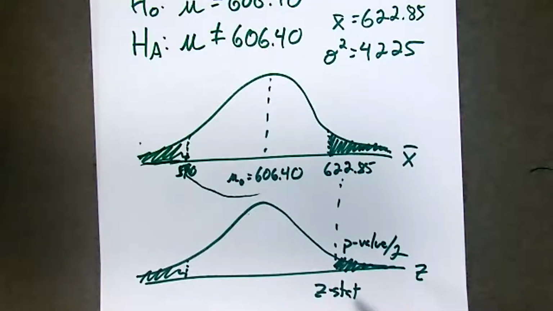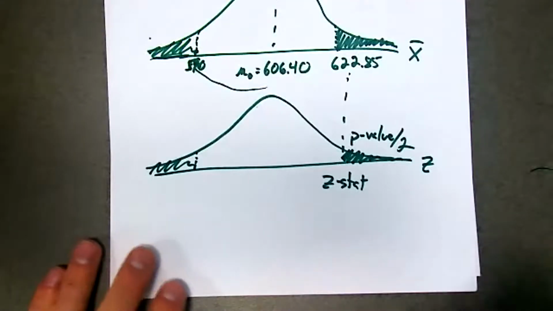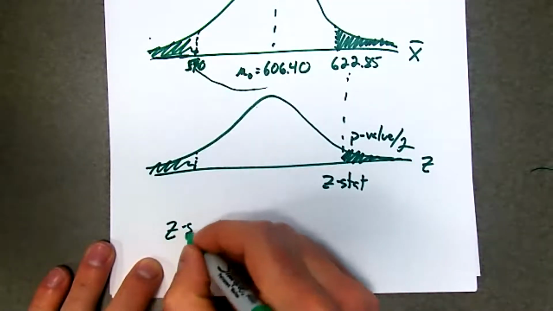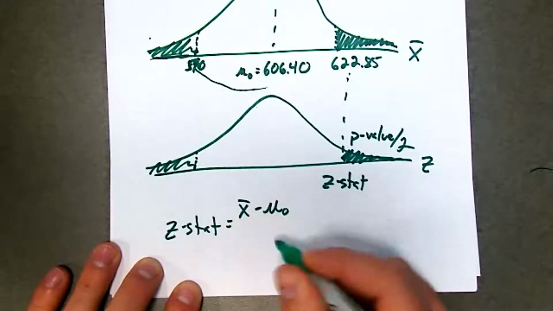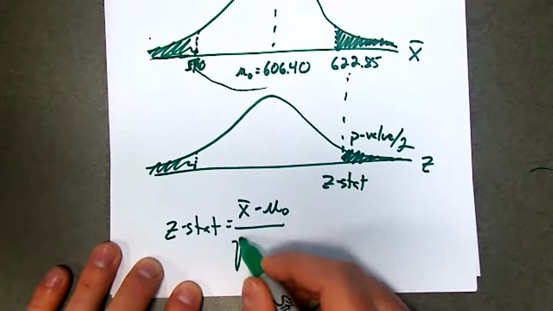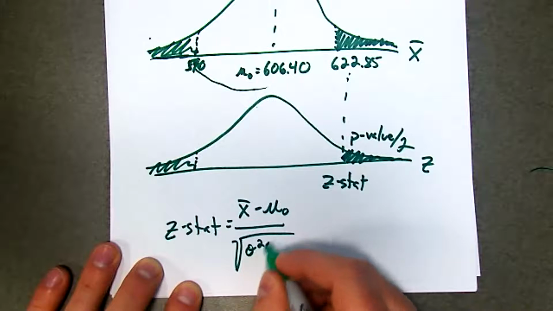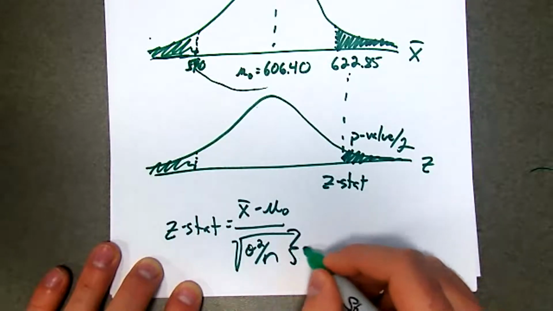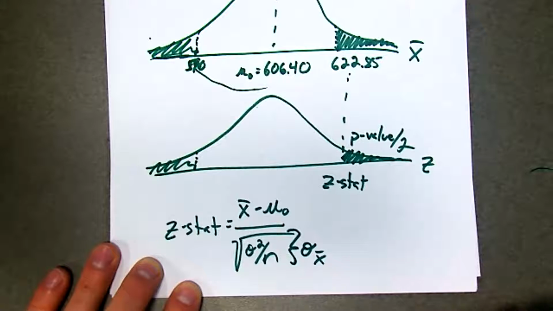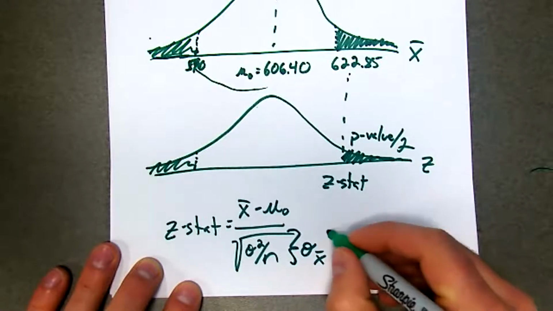Okay. But the steps are the same, right? So I'm going to calculate my Z statistic. All I do there is take my sample mean and subtract the assumed true mean, and I'll cut out the intermediate step and just plug into the denominator the square root of the original variance over the sample size. Just as a reminder, this represented the standard deviation of the sample mean.